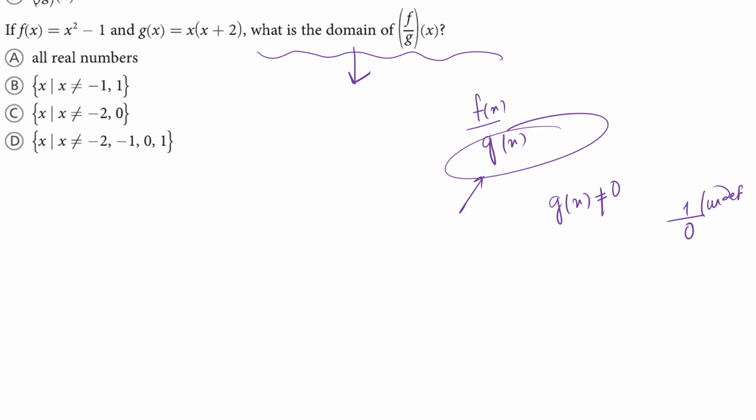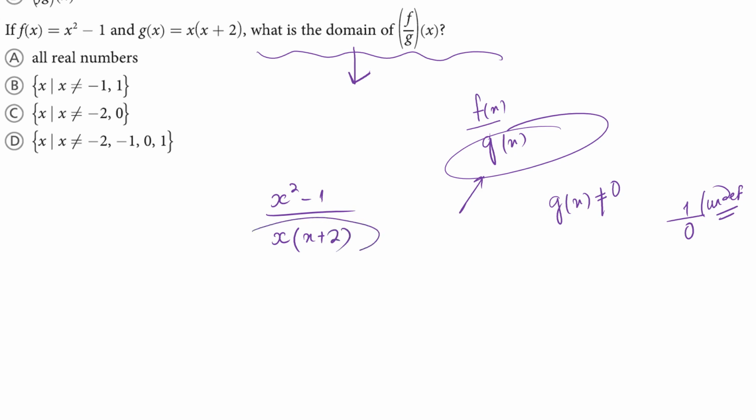So whenever you get a 0 in the denominator, that makes the function undefined. No answer, math error in the calculators. Okay, so write down f. On the top of the f is x square minus 1. Write down g, that is x plus 2.